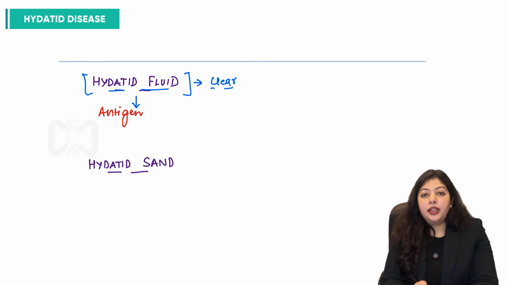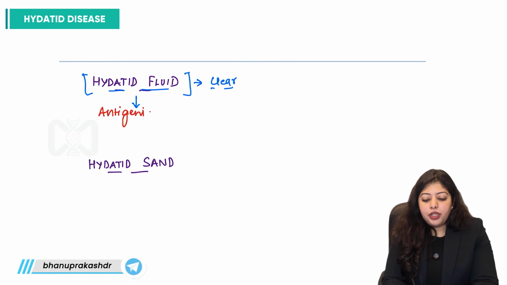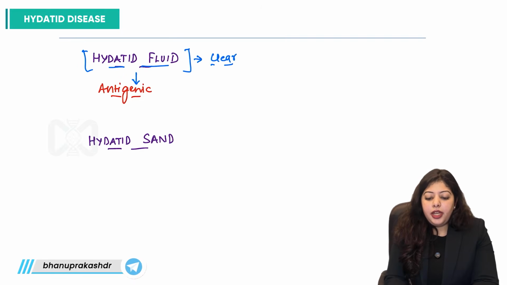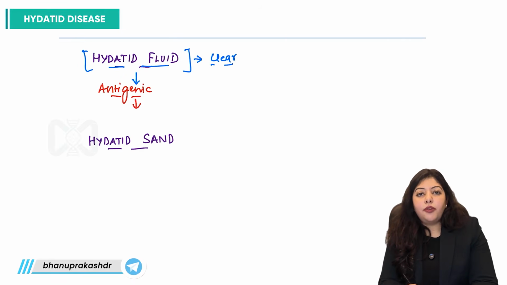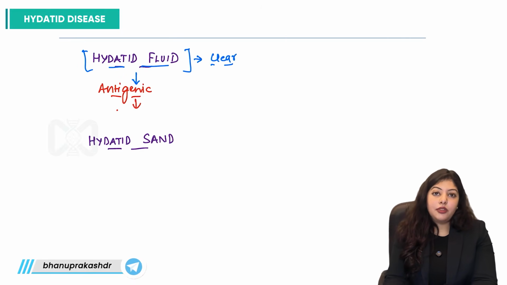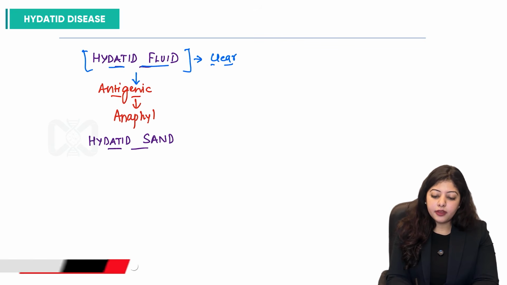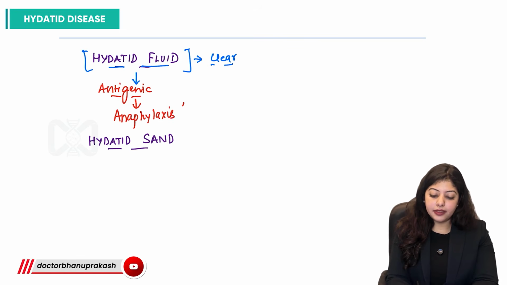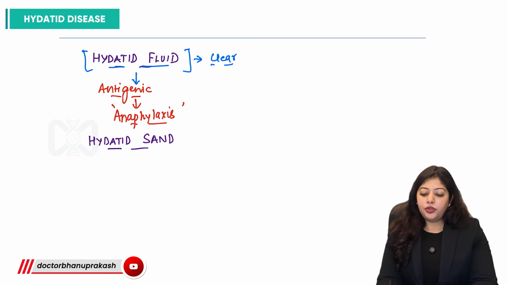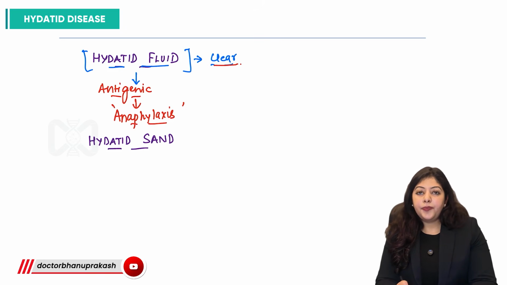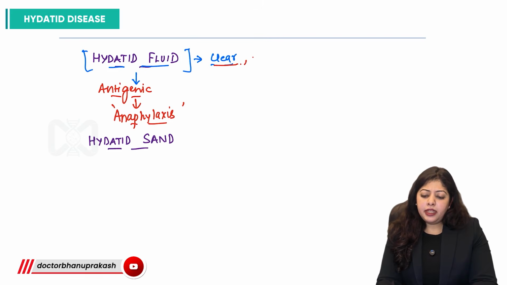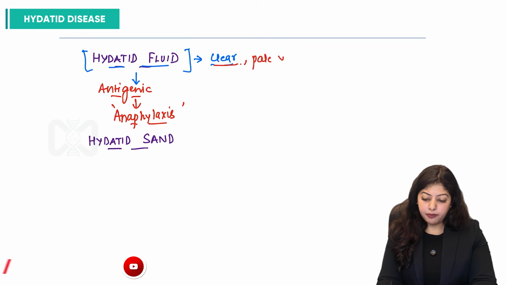Hydatid fluid is antigenic, and because of its antigenic nature, it is responsible for the complications associated with hydatid fluid or hydatid disease. And the complication is anaphylaxis. Anaphylaxis, right?